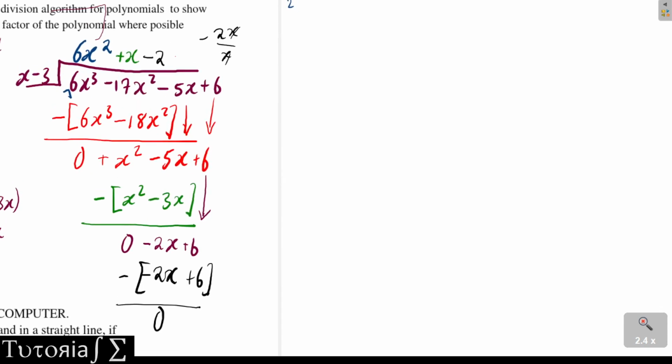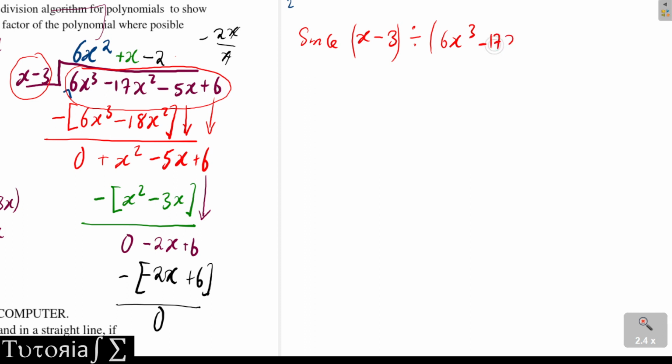All right, so we're going to say, let me use red. So here we say since x minus 3, put that in brackets, divided by this down here, which is 6x to the power 3 minus 17x squared minus 5x plus 6, is equal to 6x squared plus x minus 2, which is what we have here, with no remainder.